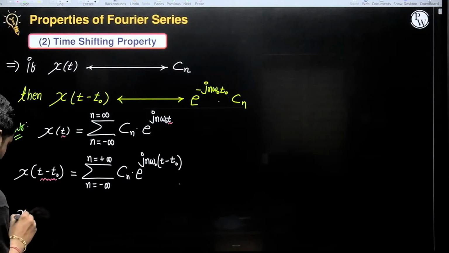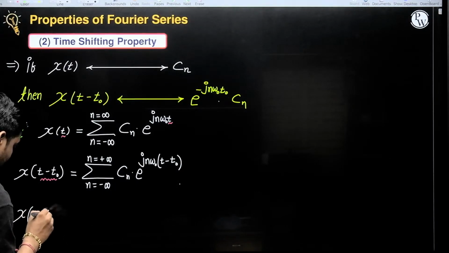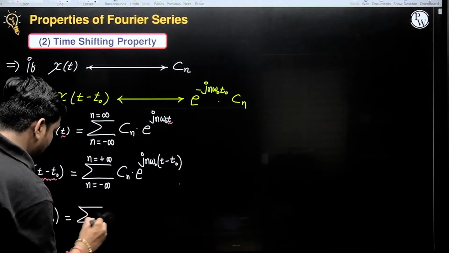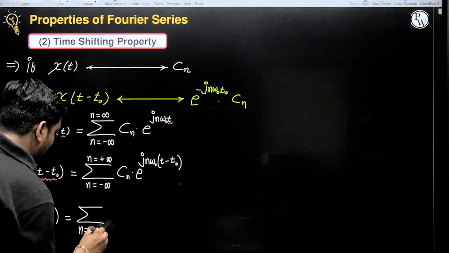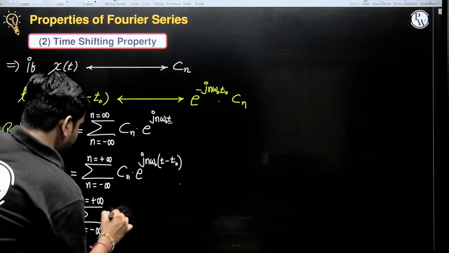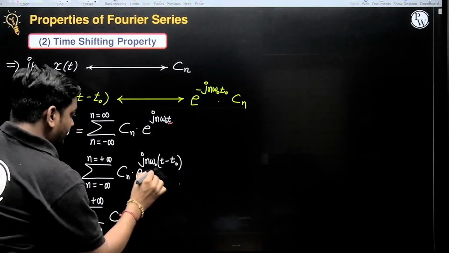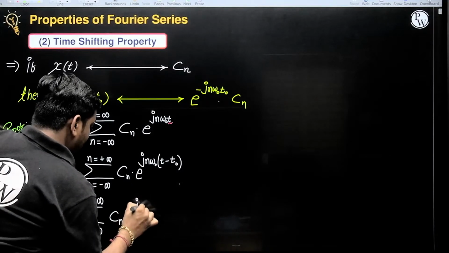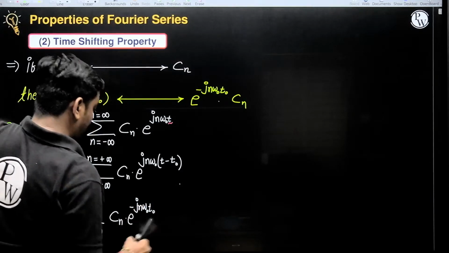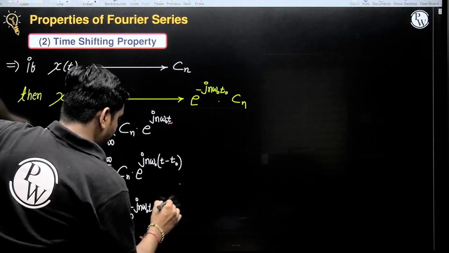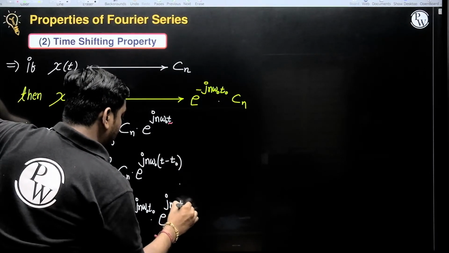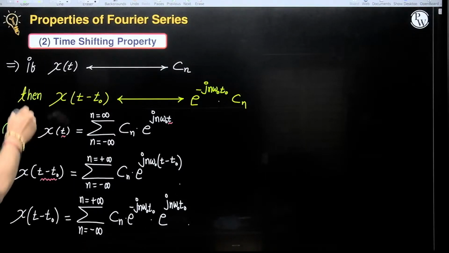So here x of t minus t naught is equal to summation n from minus infinity to plus infinity Tn into e to the power minus j n omega 0 t0 into e to the power j n omega 0 t, correct?